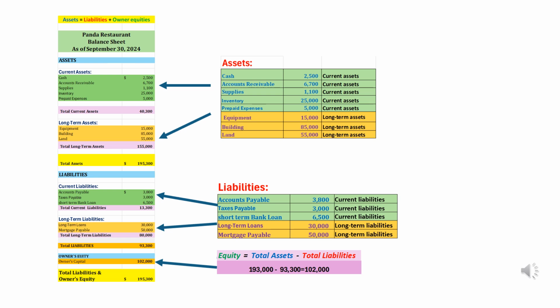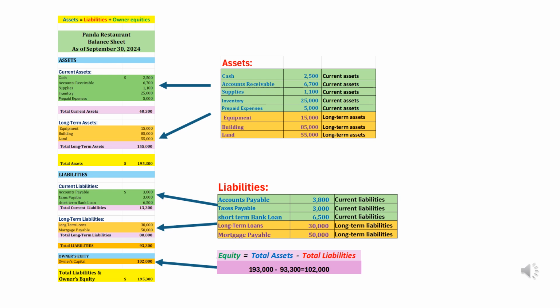Alternative balance sheet format. In the vertical format, we follow the same process, but without the T-shape layout. 1. Begin with current assets, then list long-term assets and compute the total. 2. Proceed with liabilities, starting with short-term liabilities, then long-term liabilities, and calculate their total. 3.